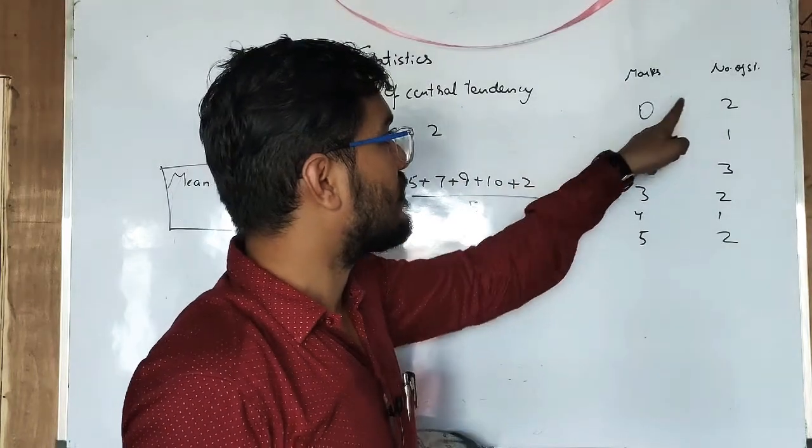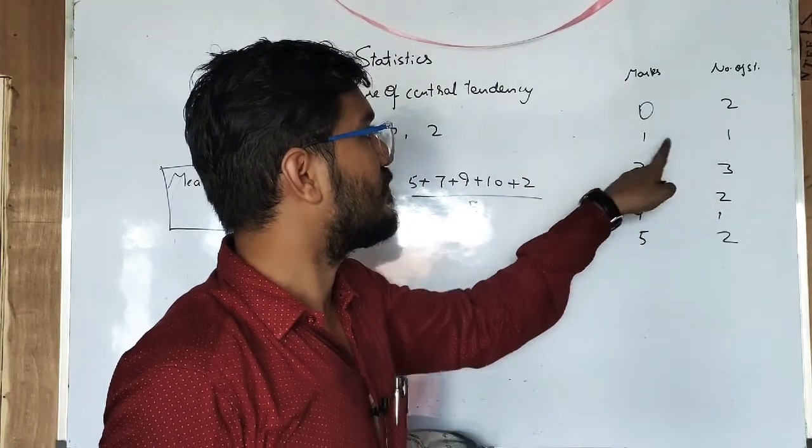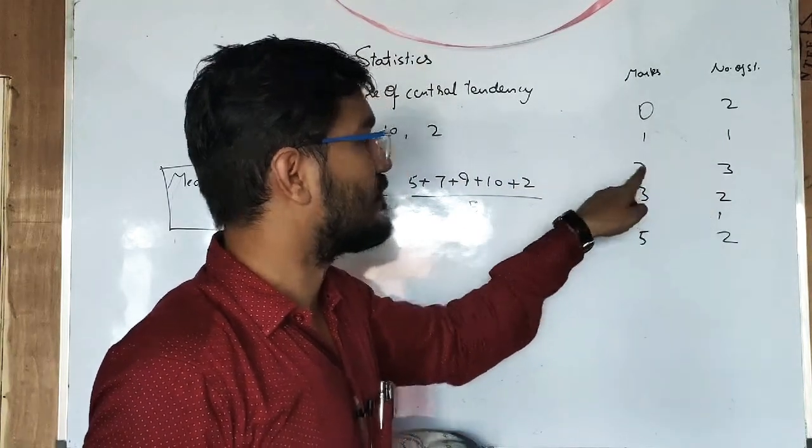So 2 students have scored 0 marks, 1 student has scored 1 mark, 3 students have scored 2 marks.